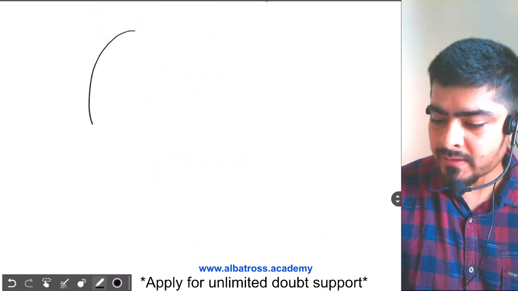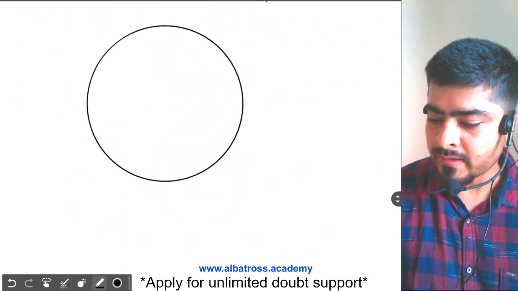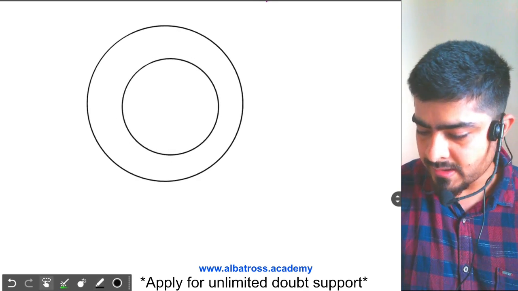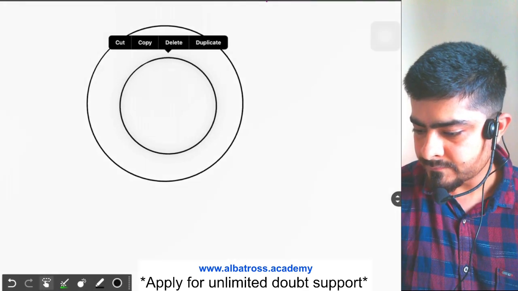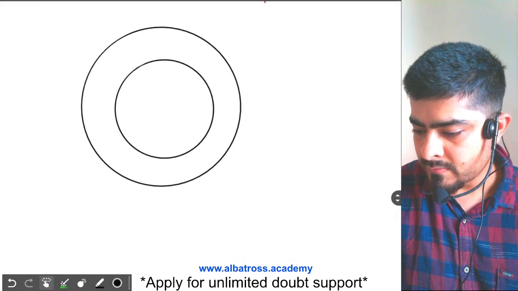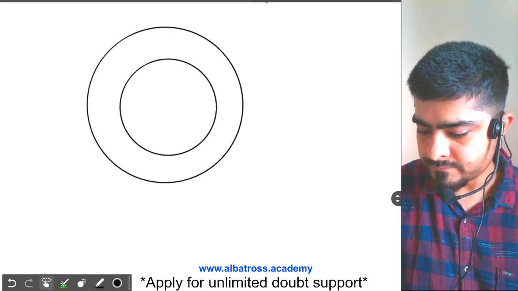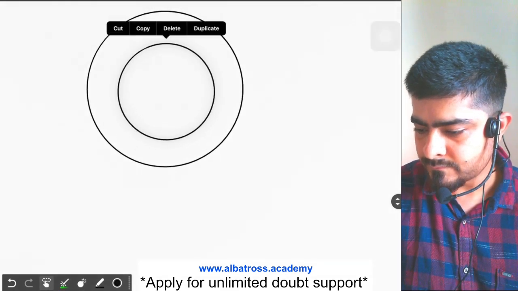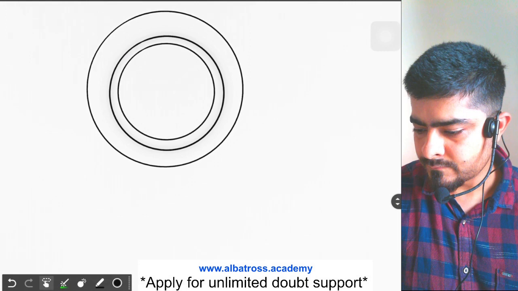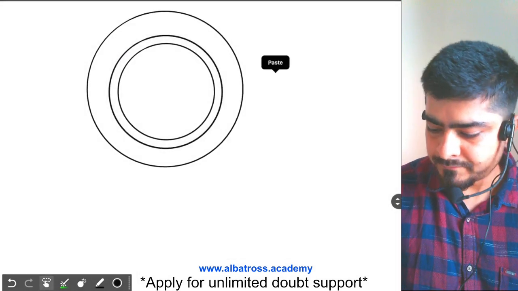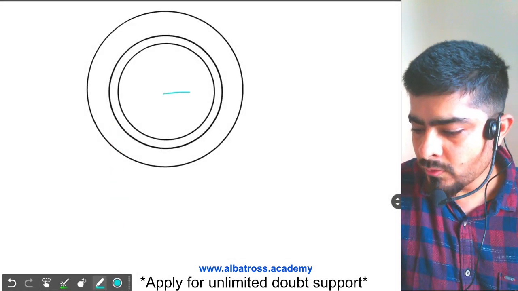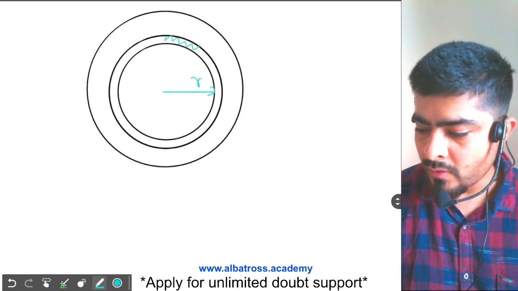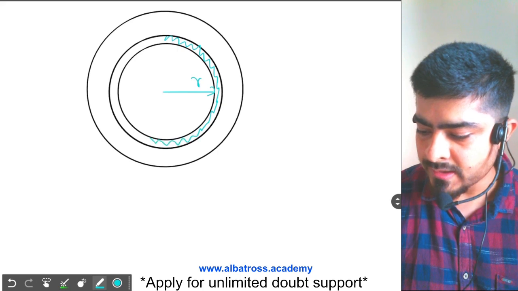If I take a sphere, and inside the sphere I take a shell of radius r, what is the charge density of this thin spherical shell?